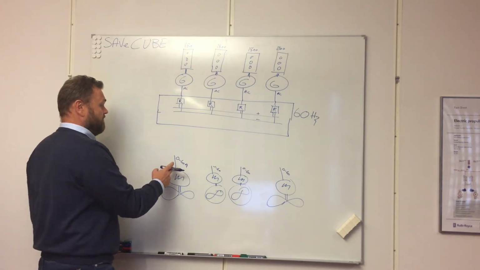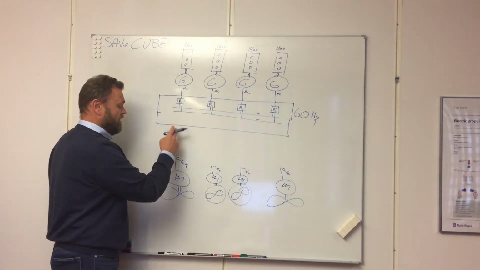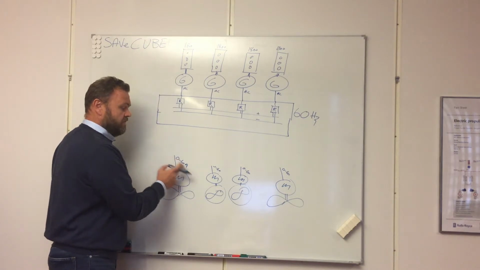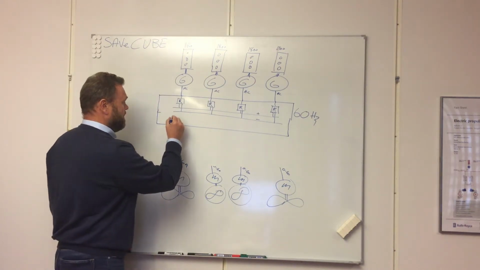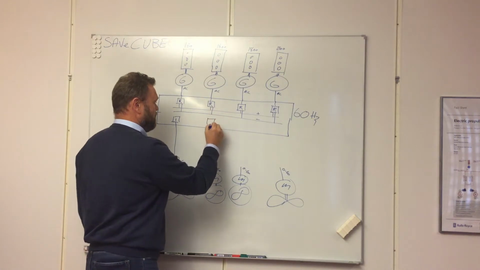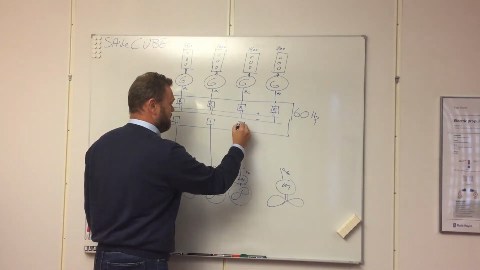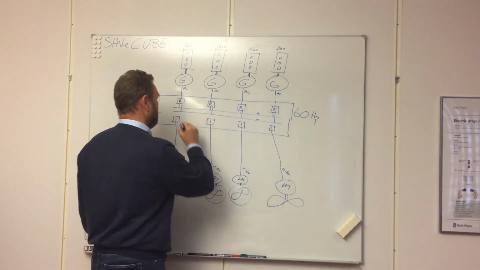And then we of course need the inverter to be able to make an AC with a frequency that we can adjust. So we need an inverter for this propeller, an inverter for this propeller, an inverter for this, and an inverter for this.